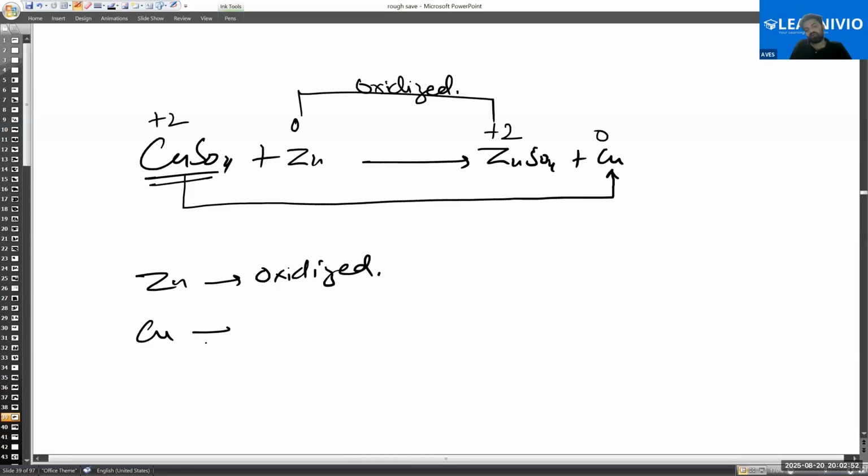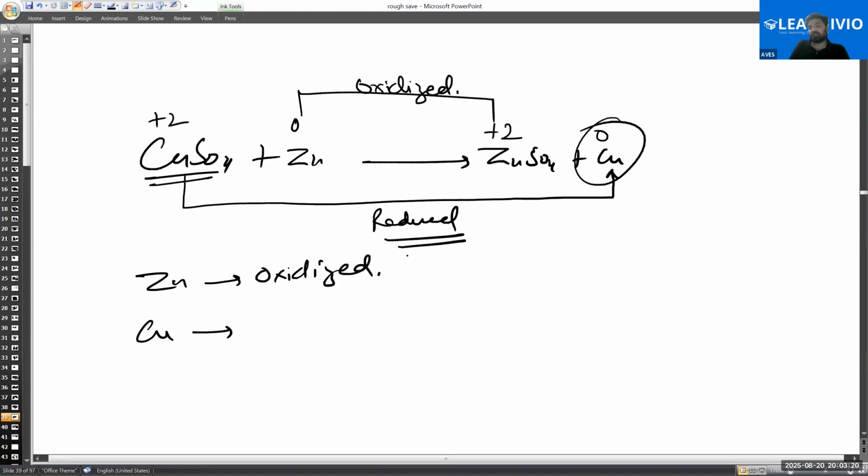And copper, can you tell me copper is oxidized or reduced? Umar, Ritvika, Sarah, why are you not answering? Please turn on the camera. Copper is reduced. I'm not saying copper sulfate, I'm saying copper.